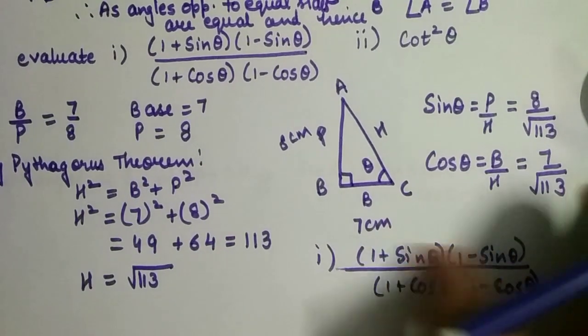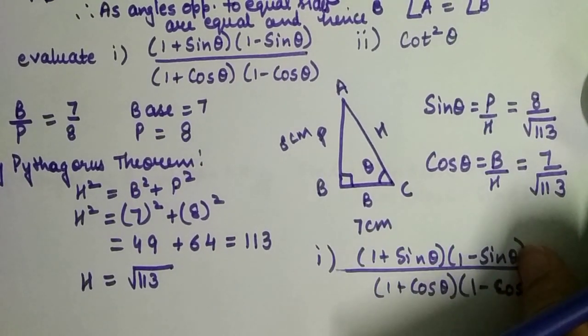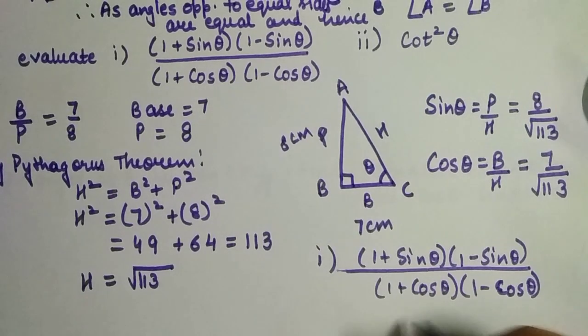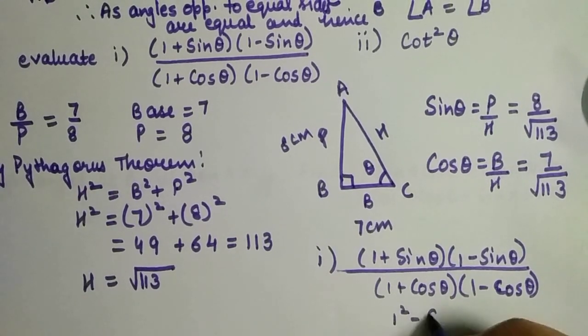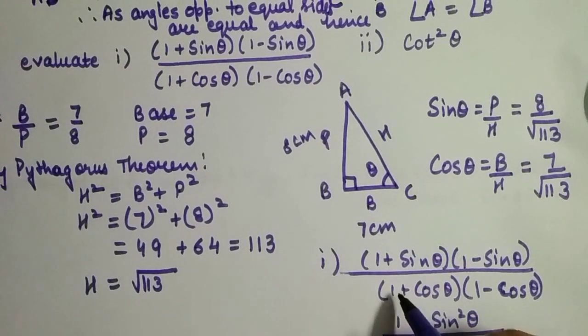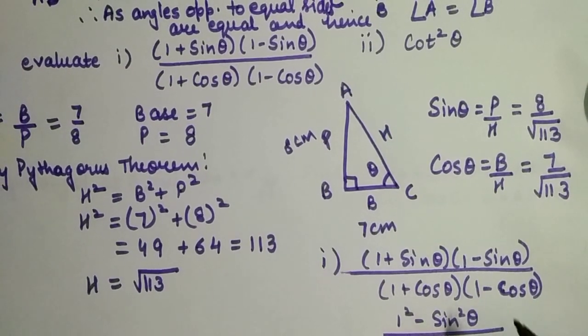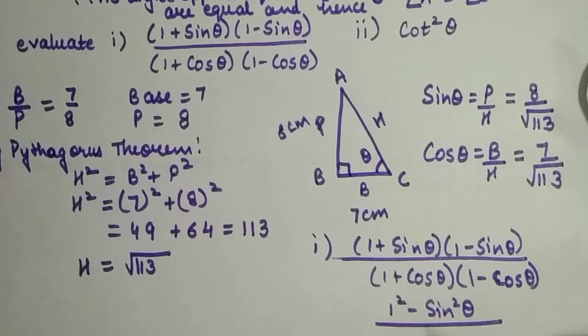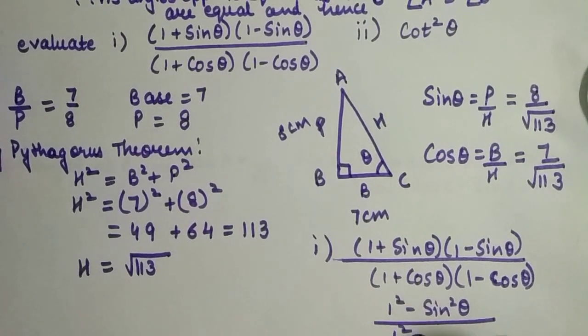So instead of (1 plus sine theta)(1 minus sine theta), we can write 1 square minus sine square theta, and in the denominator, the same identity, (a plus b)(a minus b) is a square minus b square, so 1 square minus cos square theta.